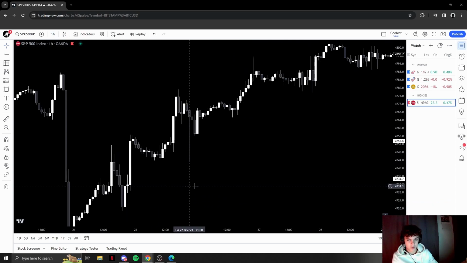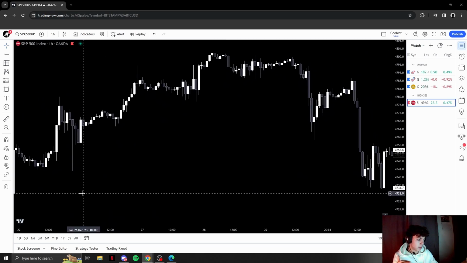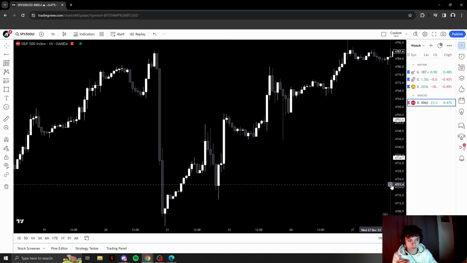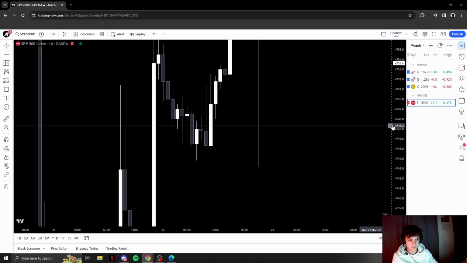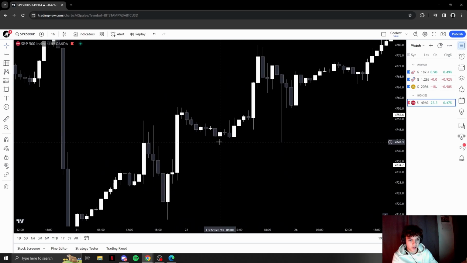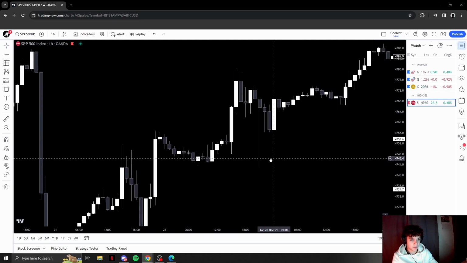But okay, I switched to 1 hour time frame. So here also, what happens here? Perfect. Liquidity lies over here. This low gets swept.